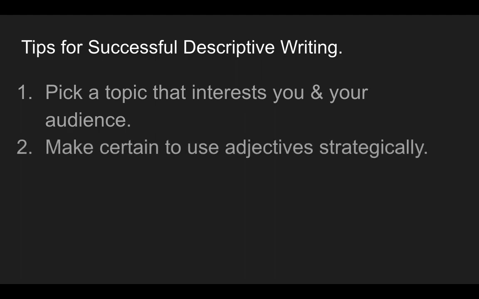Okay, make certain to use your adjectives strategically. And what I mean by this is I believe the maximum number of adjectives that should explain or modify one noun. Let's start with 2 for now. If you've got a longer list than that, it can become too wordy and unwieldy for the reader.